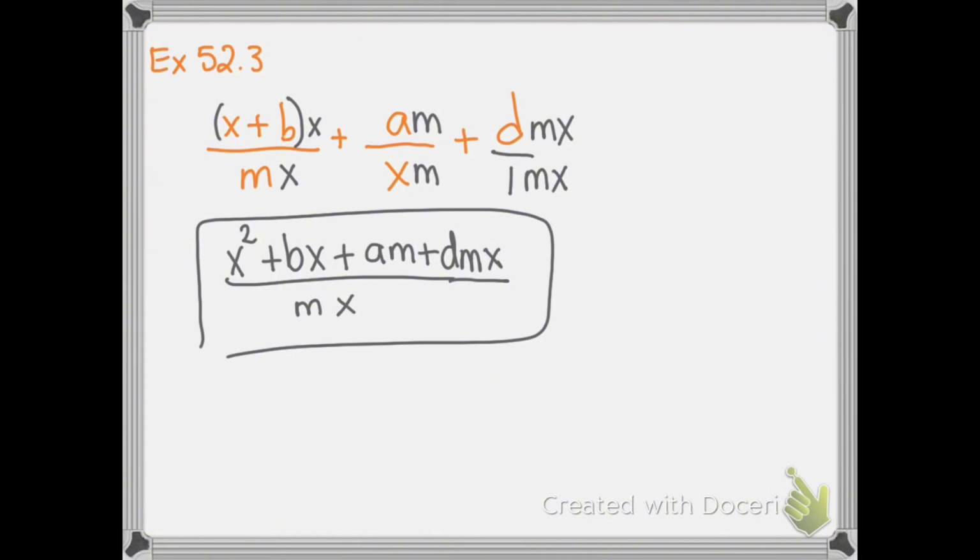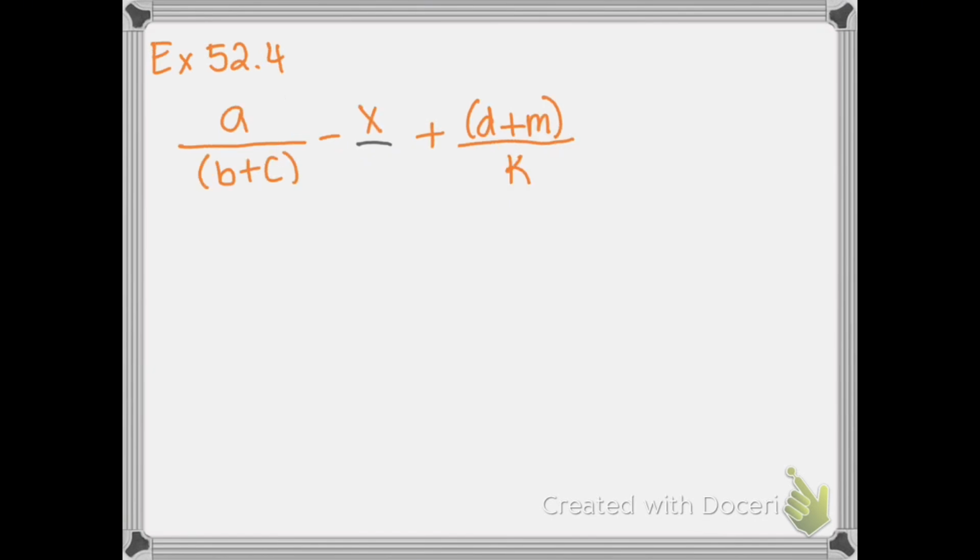Very, very simple. We just look for the LCM and then multiply to do common denominators. Now in this last example, we have again a denominator 1, and the LCM is k times b plus c. And now we have to do the same and multiply each fraction by what we're missing.